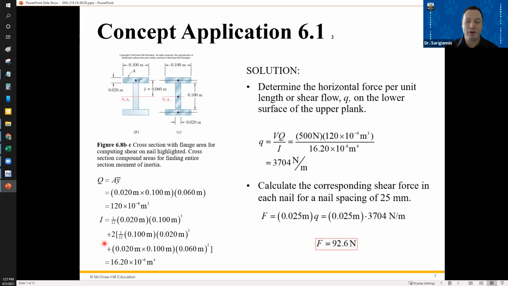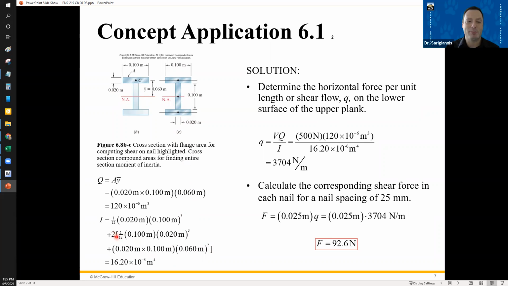And there's an offset with the neutral axis, which is, let's see, the 0.02 times the 0.1 meters times the 0.06 meters squared. So 0.06 being the distance between one centroid to the other. Remember the d squared term? It looks like, oh yeah, see this bracket here?